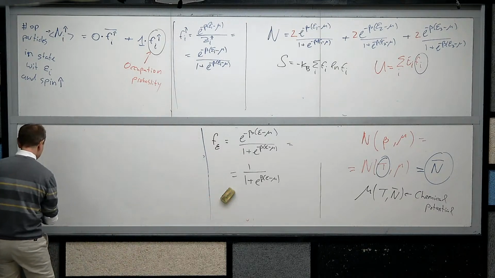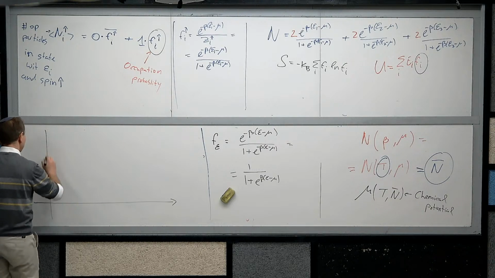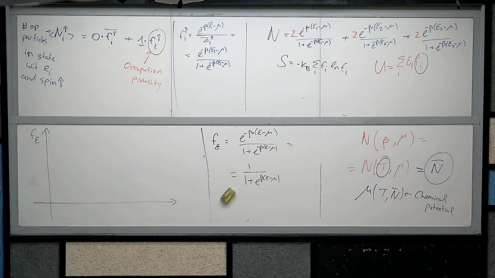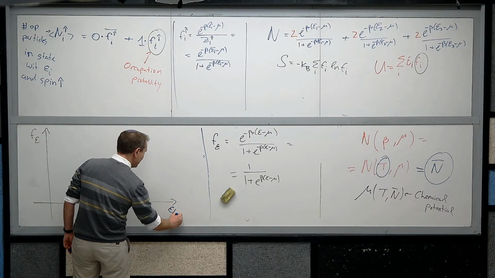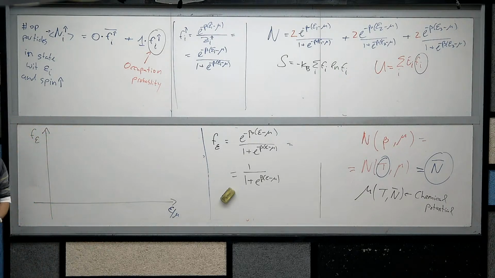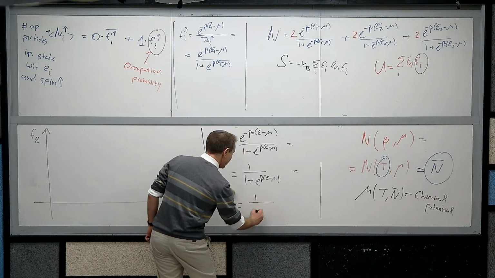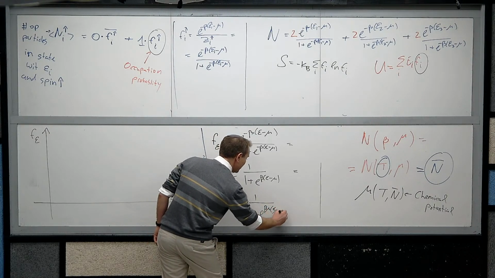Okay, now I can plot this f of epsilon as a function of epsilon divided by mu. Why epsilon divided by mu? Well, if you wish, I can take it out and I have 1 over 1 plus e to the power beta mu times epsilon divided by mu minus 1.